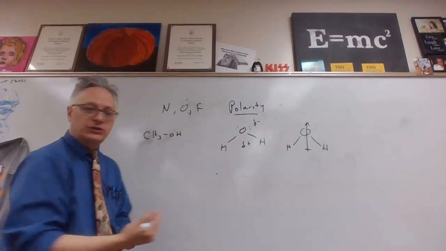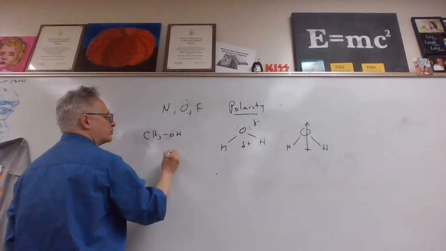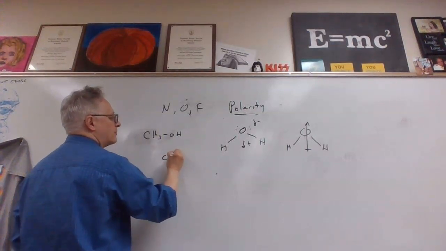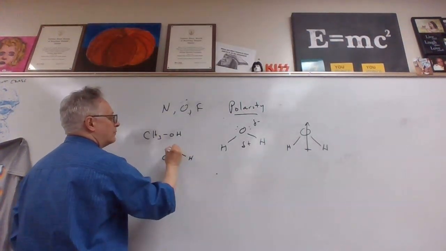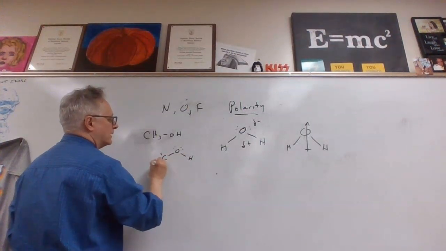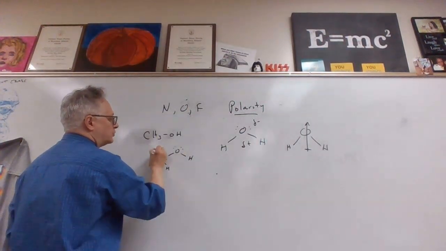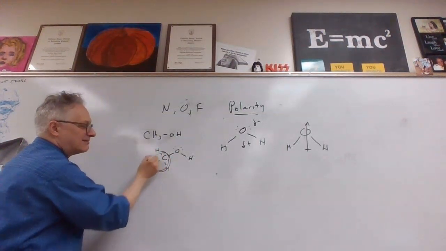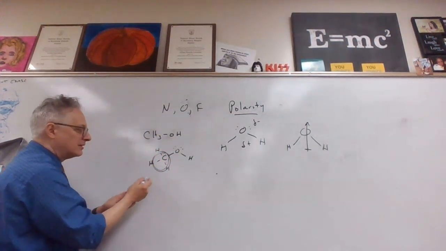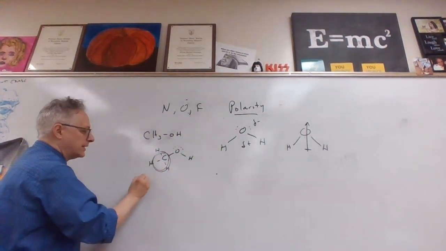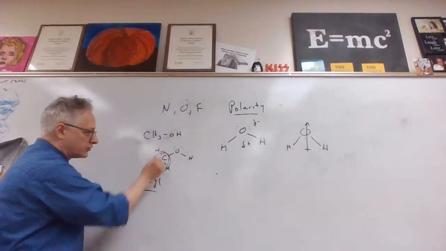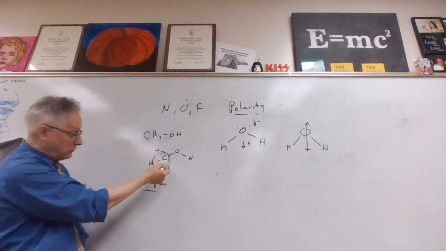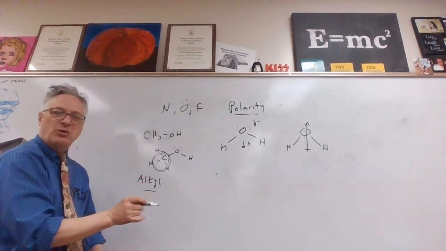If we were to look at its structure, remember our VSEPR, it would have a carbon with three hydrogens. This is not a very polar part. These alkyl groups, which are just carbons and hydrogens, sp3 hybridized carbon, are not very polar.